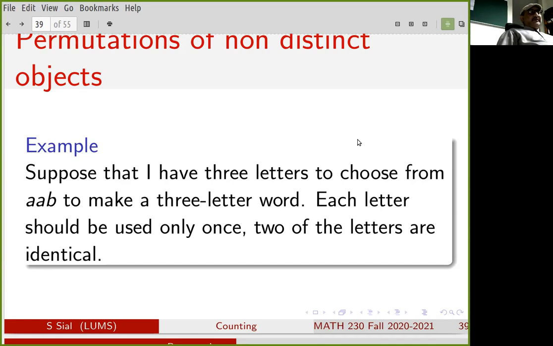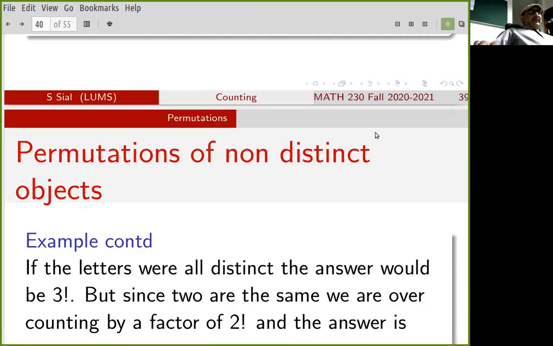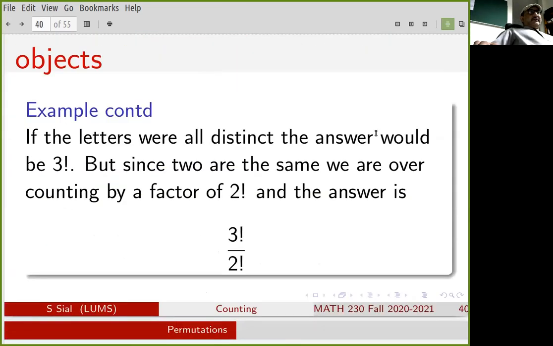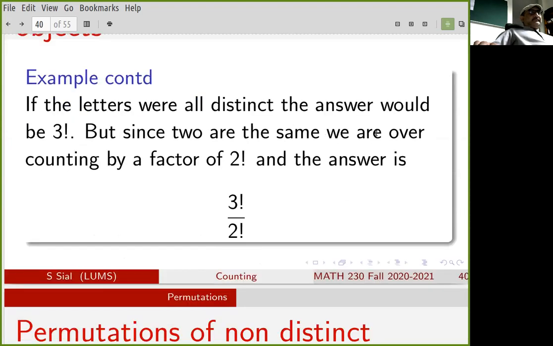So I've overcounted, because I was treating the 2 symbols as if they were distinct. There would be 2 factorial ways of interchanging those symbols, which are in fact not distinct. So if I say 3 factorial, I've overcounted by a factor of 2 factorial, and I should divide that out. So 3 factorial divided by 2 factorial is the correct answer.